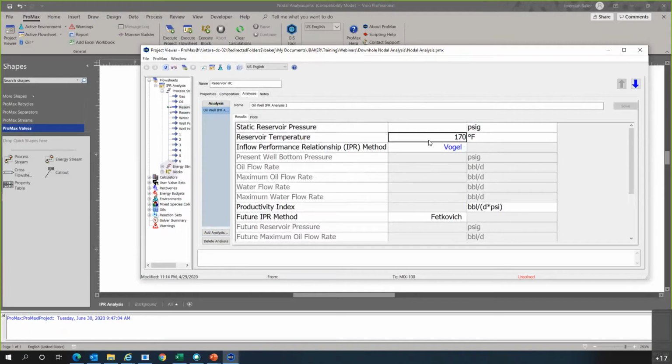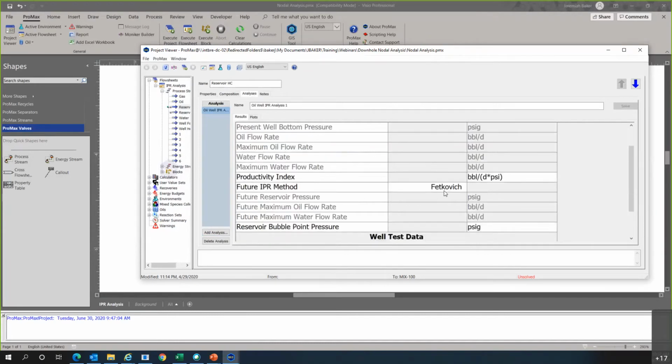The temperature is coming in from the stream. So I set the stream temperature and it's going to assume that that's what I want. And my static reservoir pressure, I mentioned that I'm going to have a reservoir pressure of 2400 PSIG. So that's where I'll tell the model to use that. And we did have a question earlier about the PI.